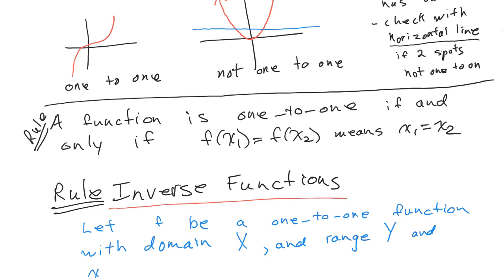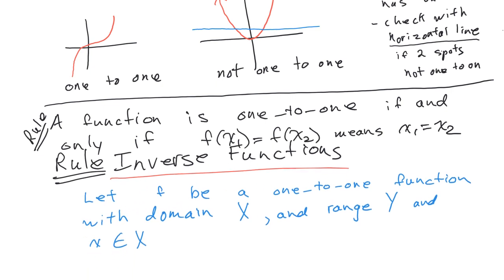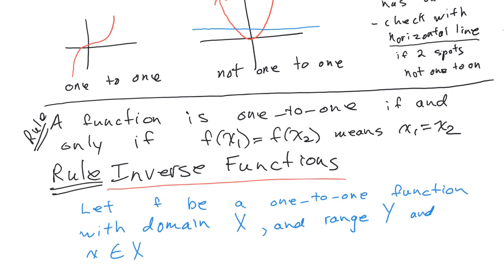And imagine if our little x is actually inside our big X. So x is some value inside our big domain. So it might be the real numbers. It might be some set of points that you said your function can work on.